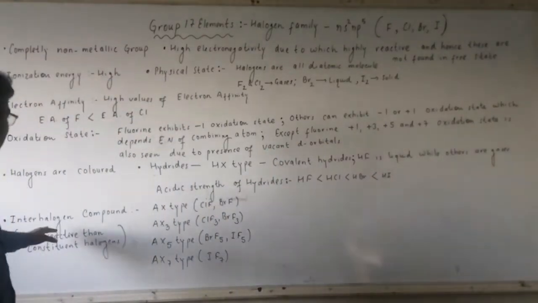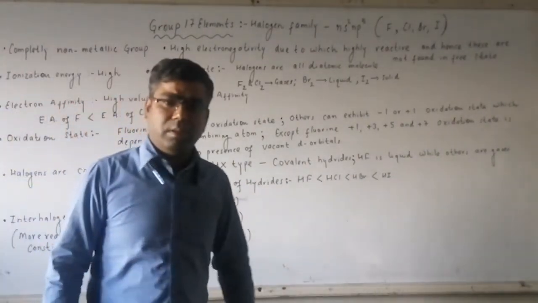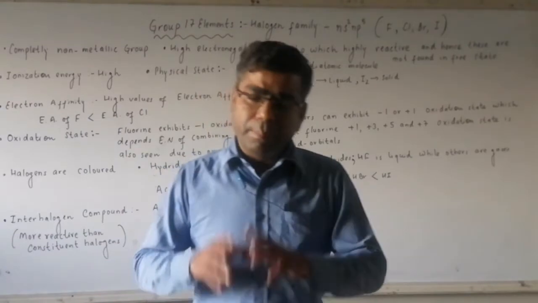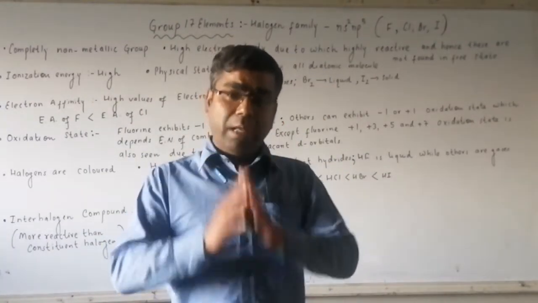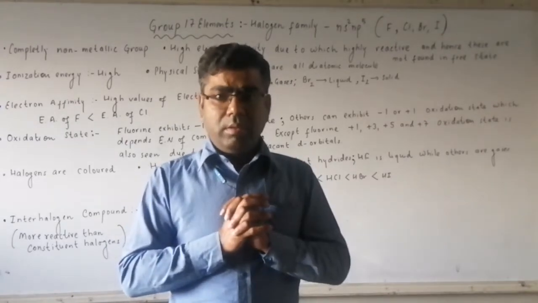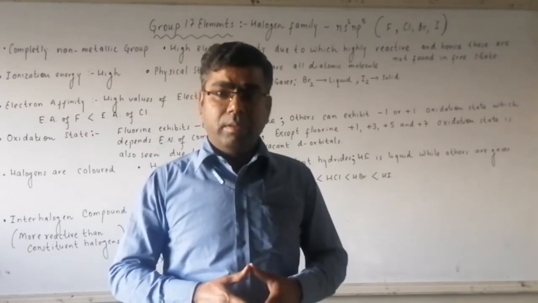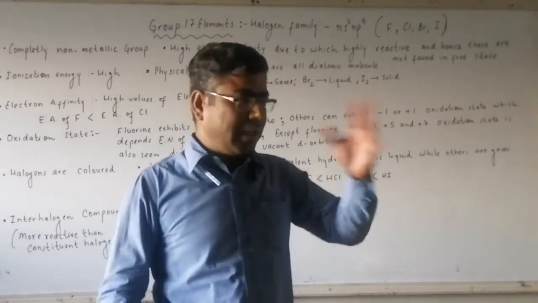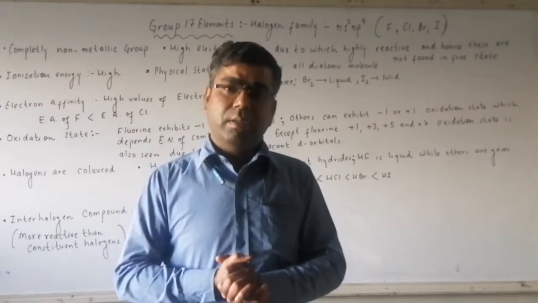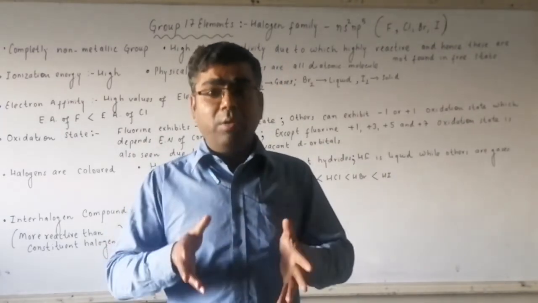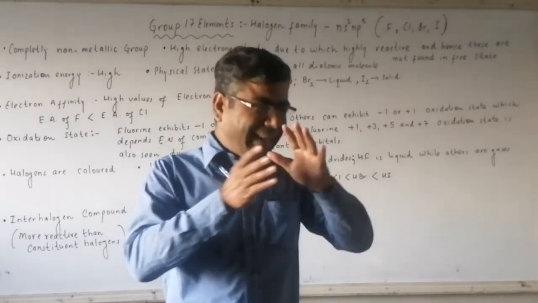Then comes your interhalogen compounds. What are interhalogen compounds? When a halogen combines with another halogen, the compounds formed are called interhalogen compounds, like FCl, BrF3, etc. Remember, these compounds are more reactive than the halogen itself.